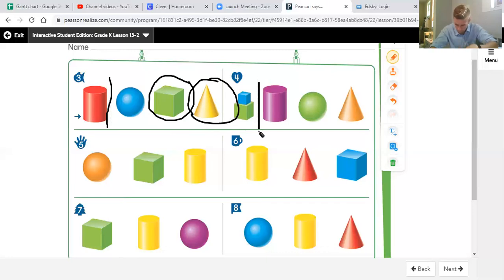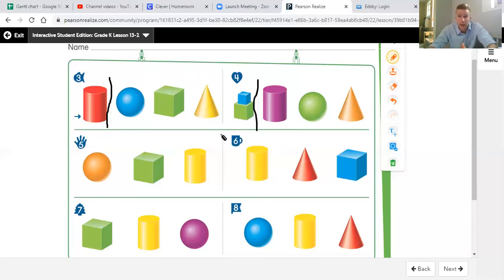Let's do number 4. Number 4 says, look at the stacked figures right here, and draw a circle around the other solid figures that can stack on top. So which figures could we, from over here, stack on top of those cubes?